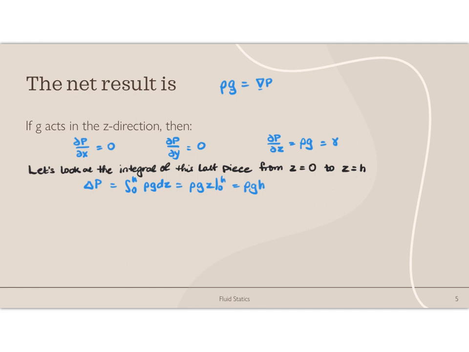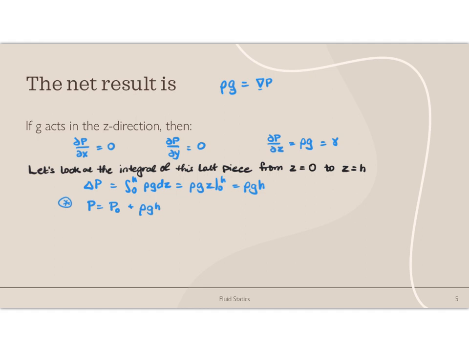And if you have a known starting value, so if maybe it doesn't start with a pressure of 0, okay, then P is going to be that starting value plus rho g h, right? This is going to be a really important relationship that we're going to jump in and write often.